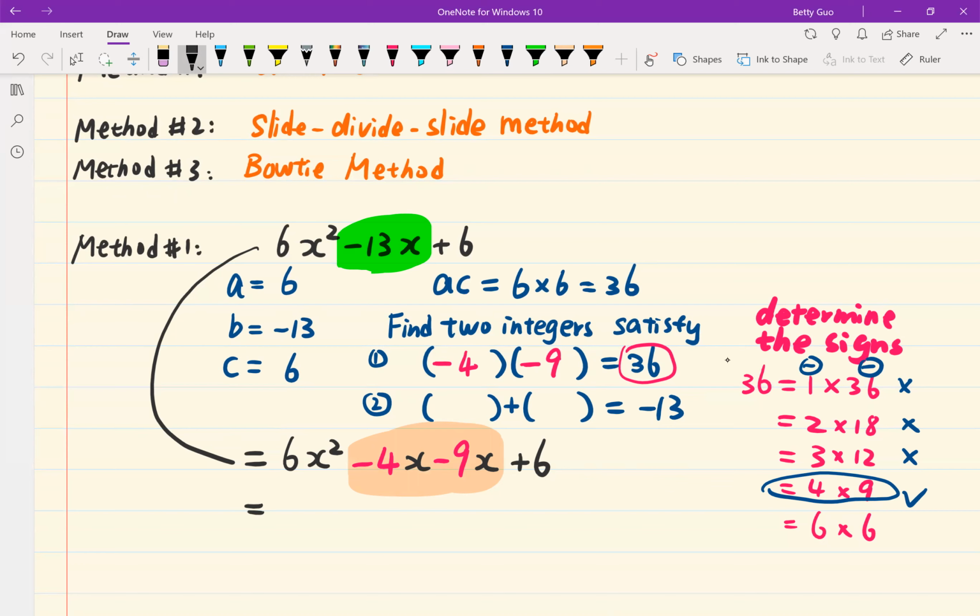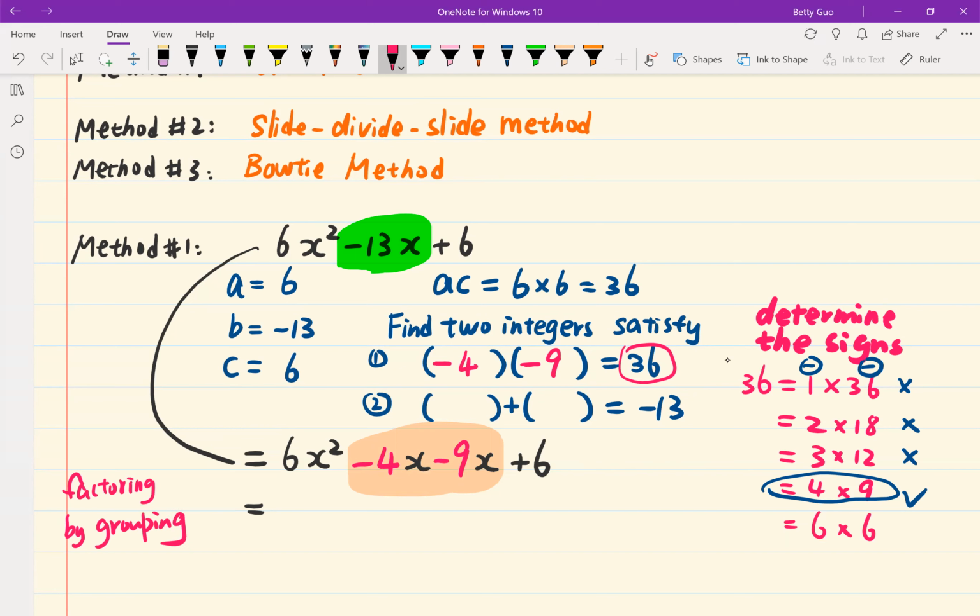So the original trinomial is written as a polynomial containing 4 terms right now. When we need to factor a polynomial with 4 terms, what method should we apply? We have learned that a method to factor a polynomial with 4 terms is factoring by grouping. And I remind you, we can always group the first 2 terms and the last 2 terms together.